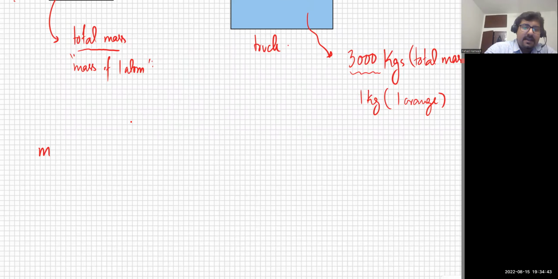So this is the first formula: how do you calculate moles? Like, how did you figure out that you had 0.15 moles of sodium?